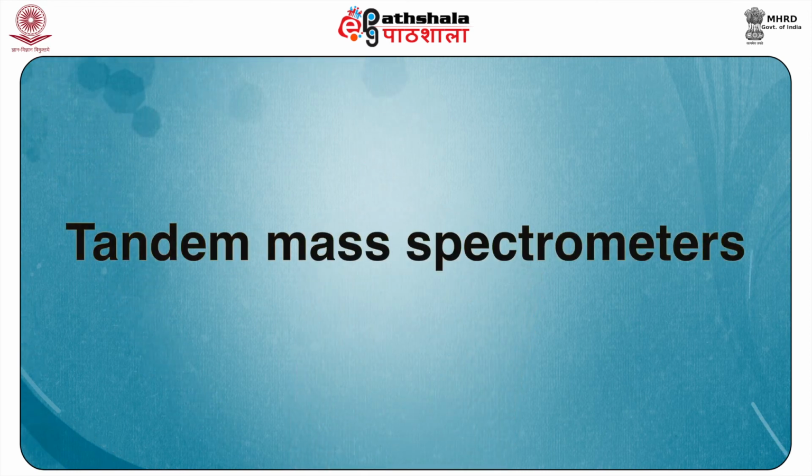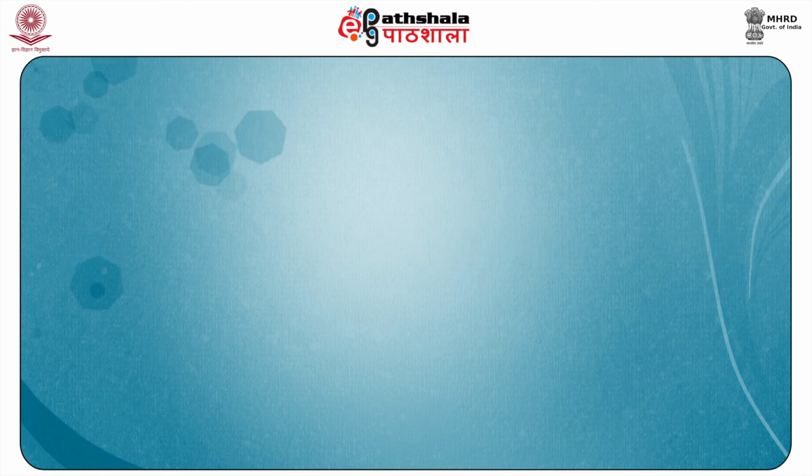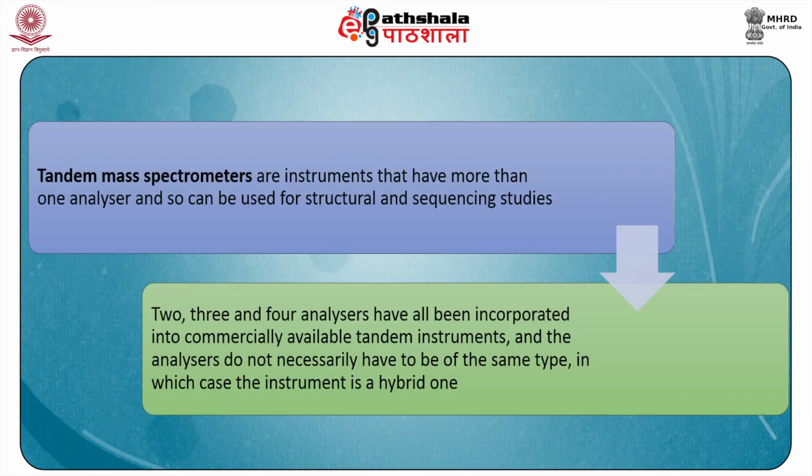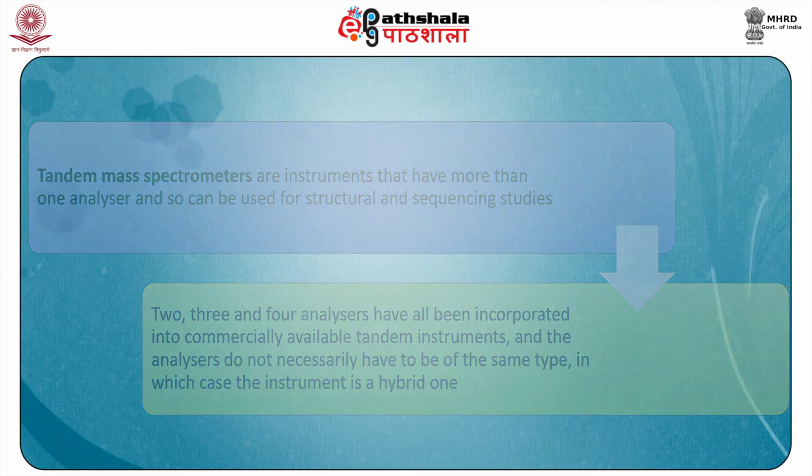Now, let us move to the study of tandem mass spectrometers. These are instruments that have more than one analyzer, so they can be used for structural and sequencing studies of molecules. 2, 3 and 4 analyzers have been incorporated into commercially available tandem instruments, and the analyzers do not necessarily have to be of the same type because the usage of each analyzer is different, in which case the instrument becomes a hybrid one.